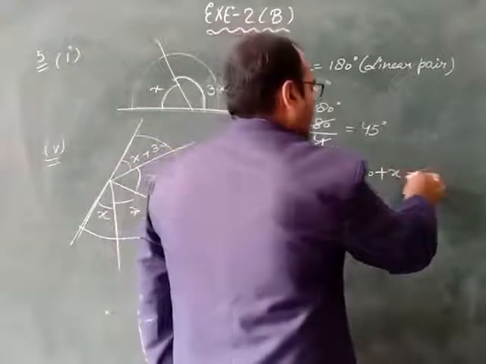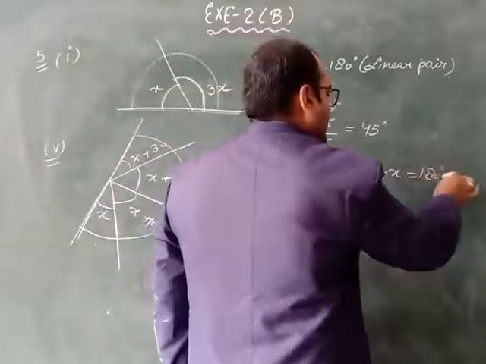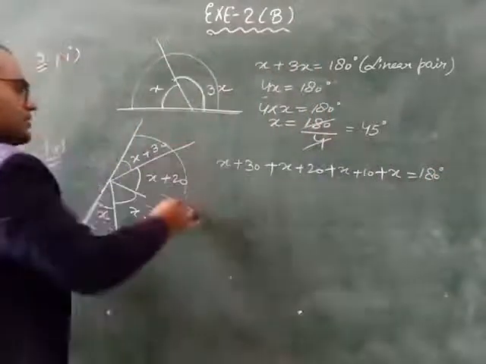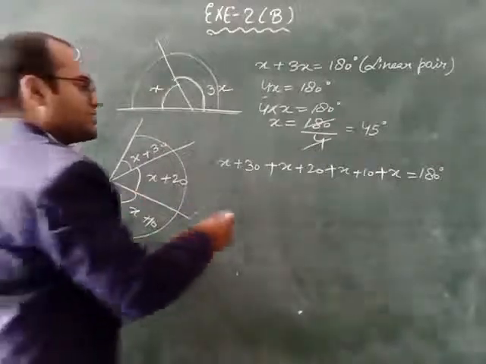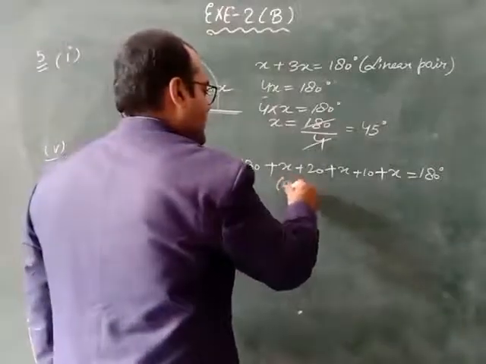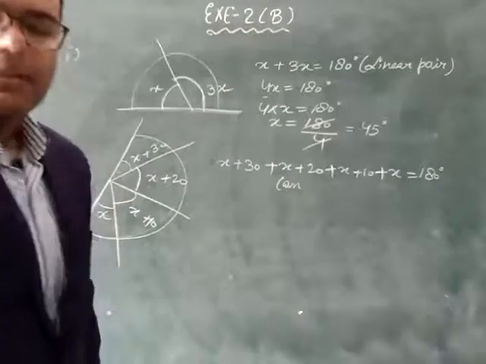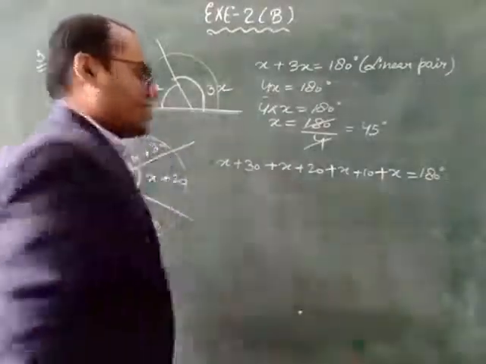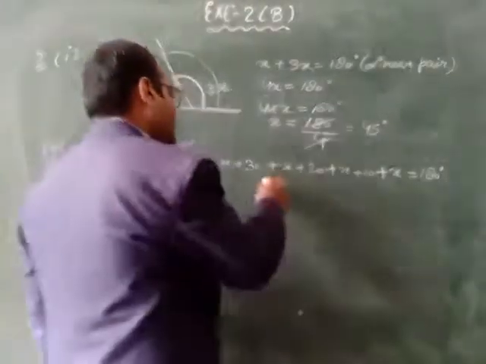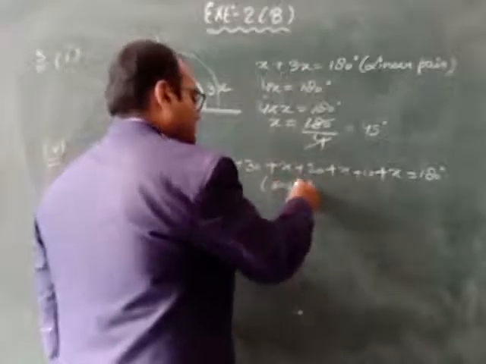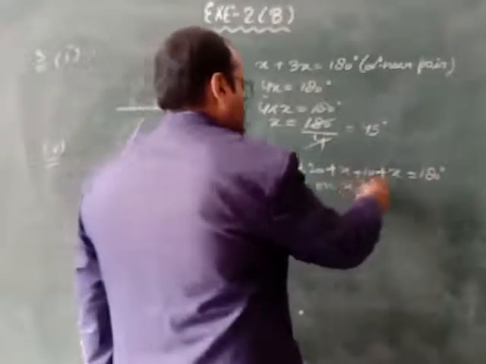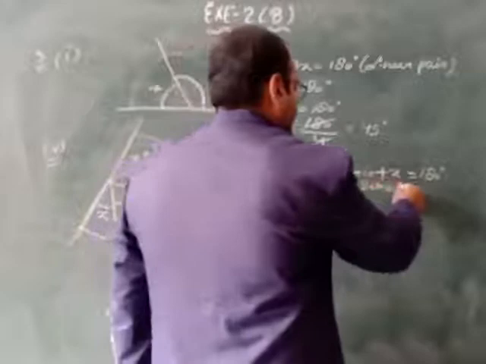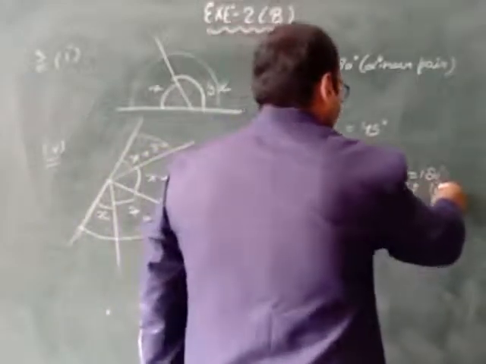The sum of all four angles we have to take as 180 because all these angles are on a straight line. So the reason, in the bracket, we have to write the property name: angles on a straight line.